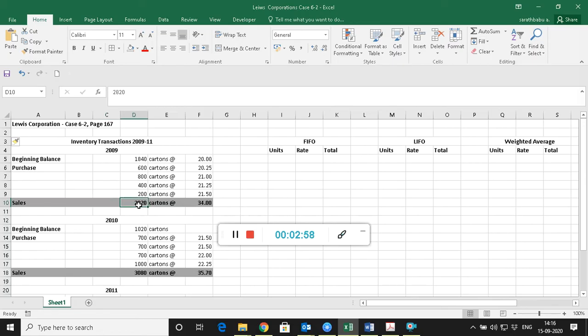You all know that when my sales is 2820 units, I am allowed to recognize expense for 2820 units only. That we all know through the matching concept. So your expenses should be mapped with the revenue. My revenue here is 2820 units at the rate of 34, which is 95,880.